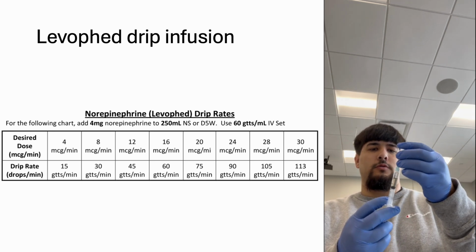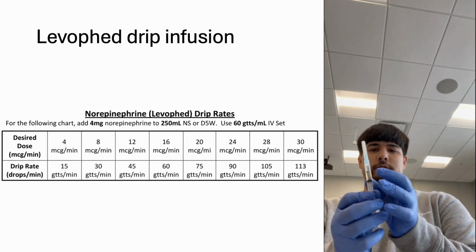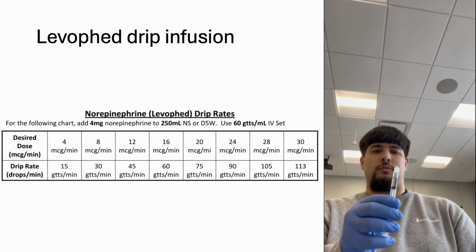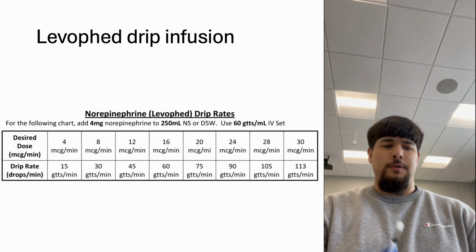Same thing, pull it up, try to get any air out the bottom of the syringe here. There we go. And we got 1 milliliter right here.